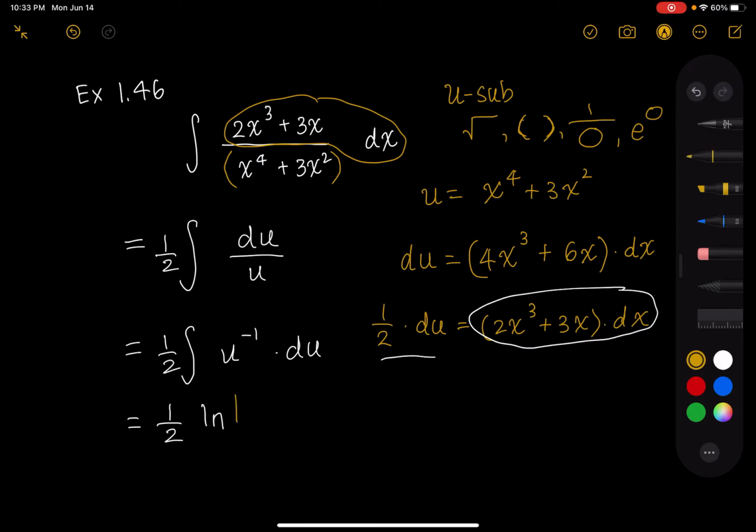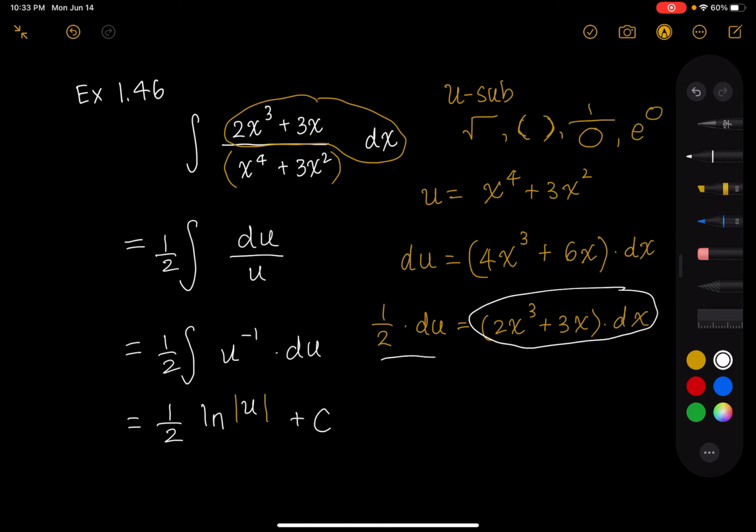absolute value of u. And it's very important that we don't lose the absolute value. In week 1, we talked about how you got the absolute value. The ln of u and ln of absolute value of u give you the same derivative.